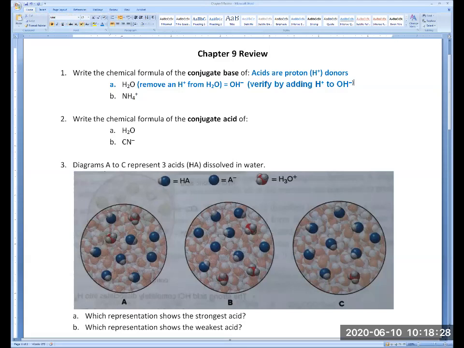If you put those together, you will have two hydrogens, and the positive charge will cancel the negative charge, and you will get back H2O. That's how you verify the symbol for your conjugate base. Let me put this in red so we know this is the answer. Does it make sense?